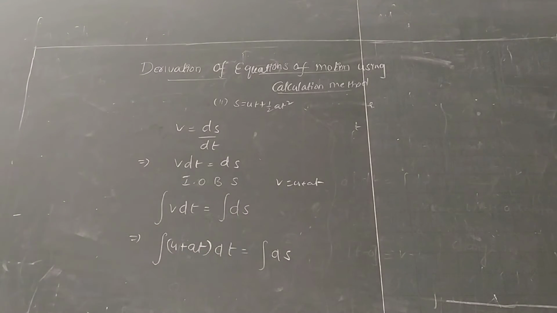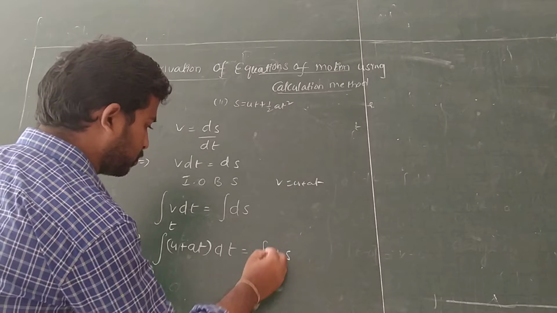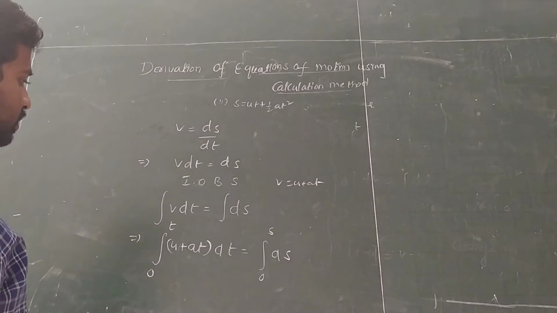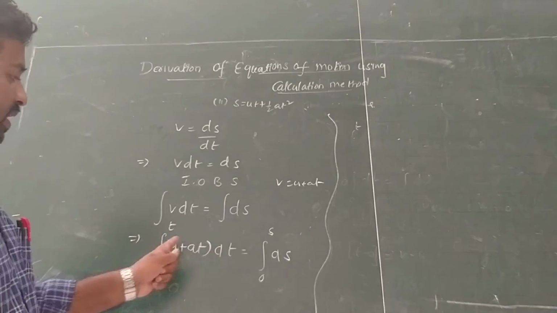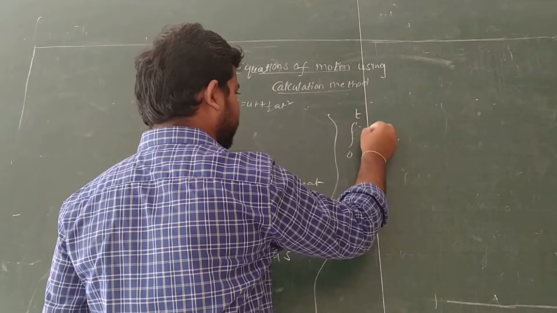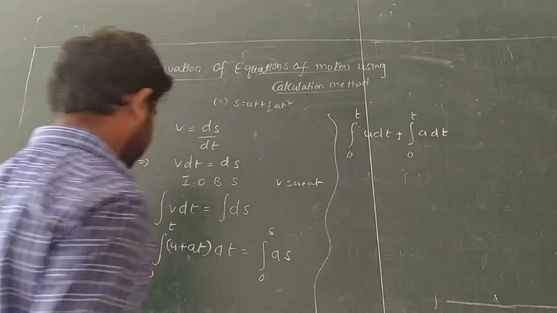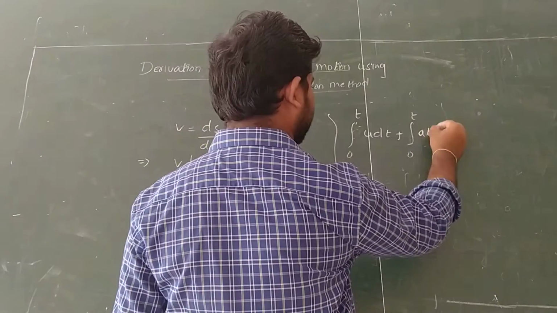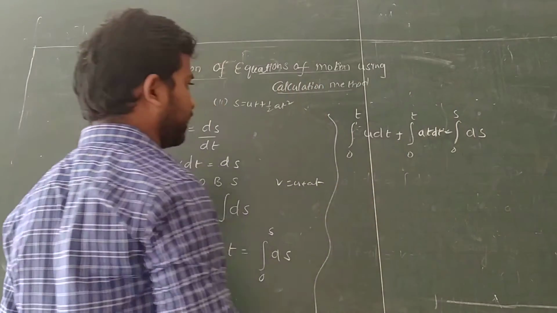So now you can take the limits 0 to t and 0 to s. First you can split this, since it is a multiplication: u into dt plus at into dt. So integration of 0 to t u dt plus integration of 0 to t at dt equal to integration of 0 to s ds, right?